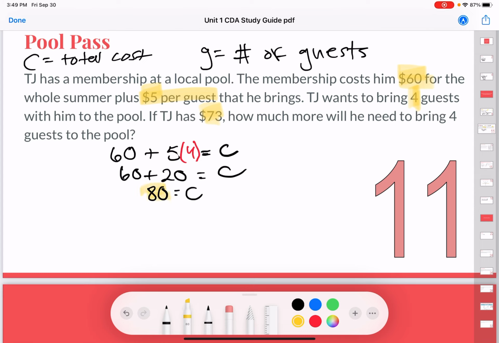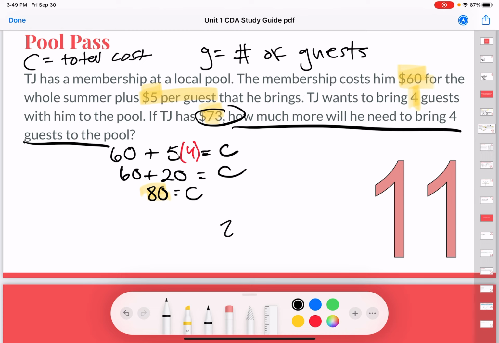But that's not the answer to the question because it doesn't say how much is his total cost if he wants to bring 4 guests. It says TJ only has $73. So let's see. TJ has $73. How much more will he need to bring 4 guests? So basically, if he wants to spend $80 but he only has $73, how much more does he need in order to bring 4 guests?